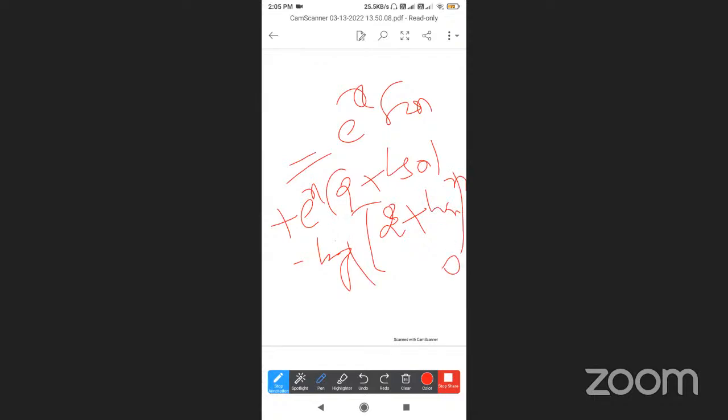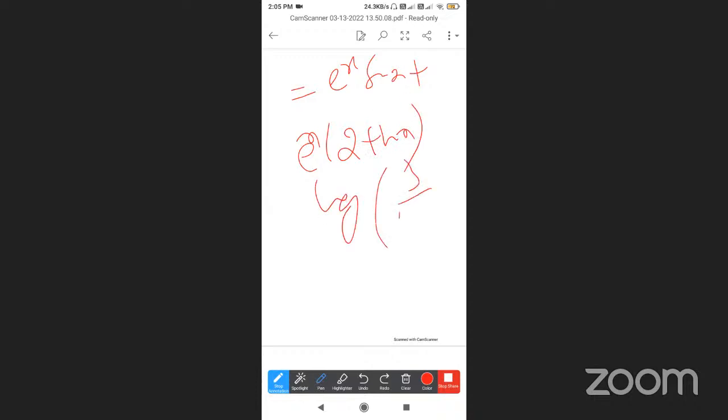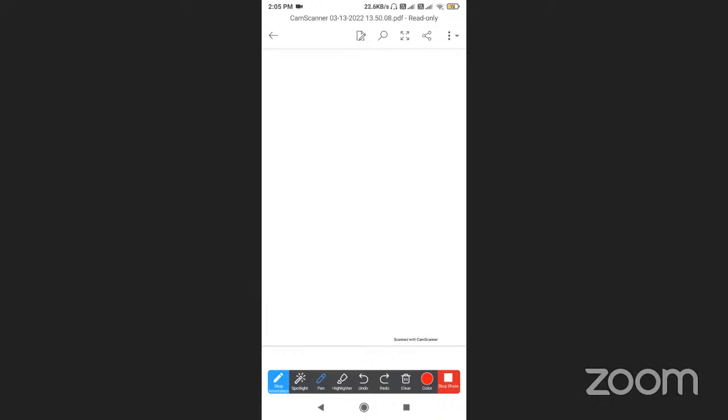Simplifying, the log of 3 by (2 plus cos x). Totally the result is e power of x into sin x plus e power of x into (2 plus cos x) into the logarithm of 3 by (2 plus cos x). So this is the value. So we can find the resolvent kernel formula.